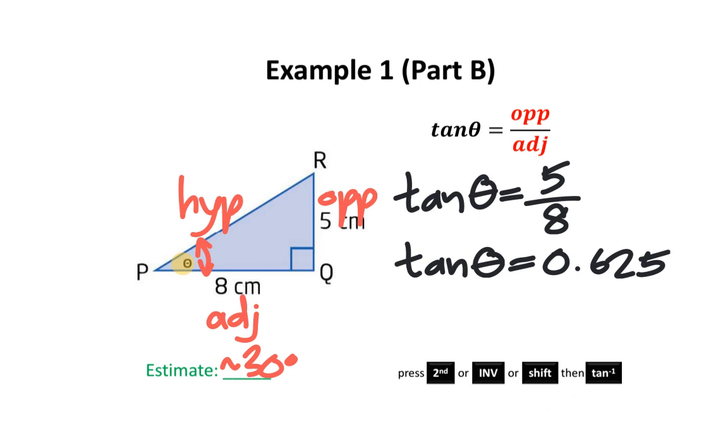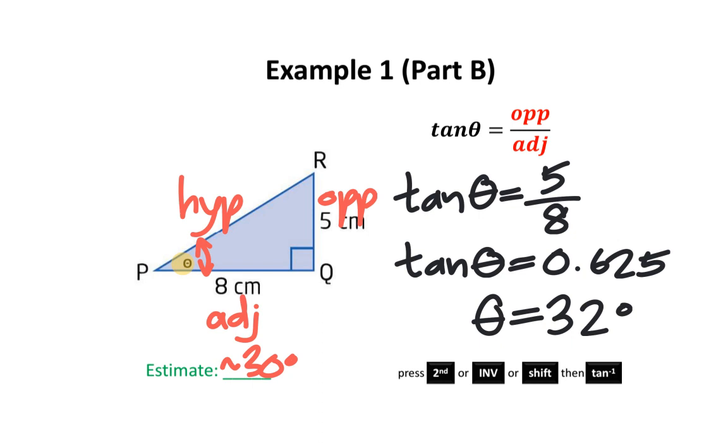Depending on your calculator, you may have to press this button first, then put this number in, or put this number in first, then press this button. You should get something close to 32 degrees.